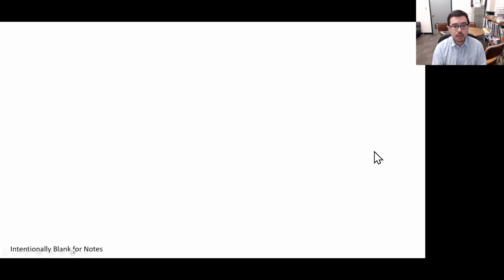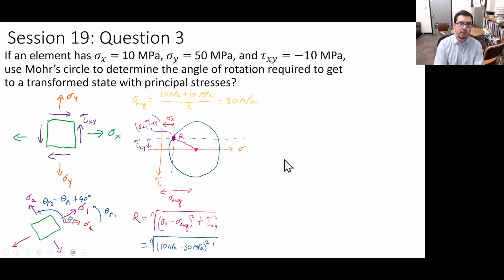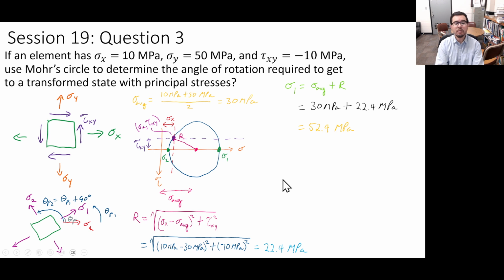Question number 3 is going to involve determining the angle of rotation required to get to a transformed state with principal stresses. Well, we were just describing the state of principal stresses, so we're going to copy what we did in the previous question, number 2, in this session, and go from there.